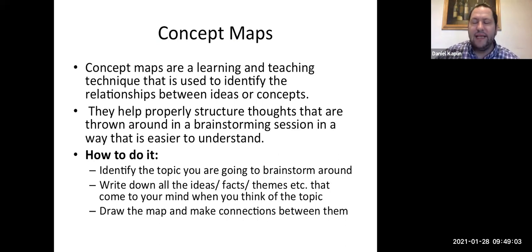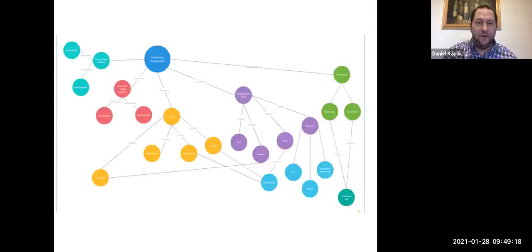Again, similar to other ideas, everything gets put on this concept map, no matter how trivial it may seem. And you also want to try and make connections between the concepts if you can. So here is a very busy version of that.